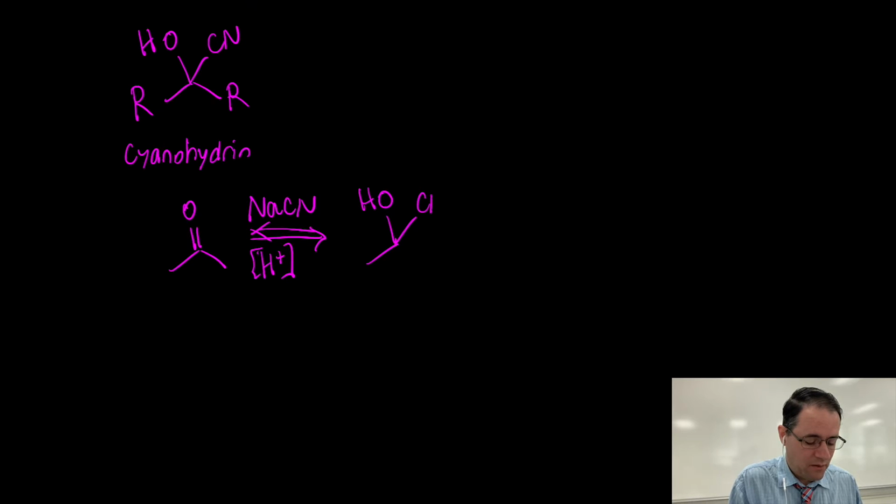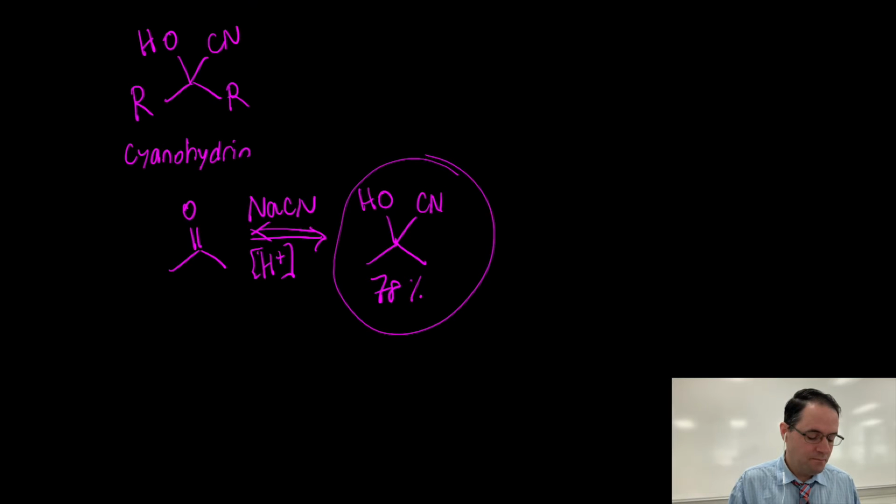This, I bet, is a reaction you're not doing in your lab because there's some toxicity and dangers involved with that. So at equilibrium, you can isolate a 78% quantity of this cyanohydrin. Sodium cyanide in water, in protic solvents, there's H plus present.